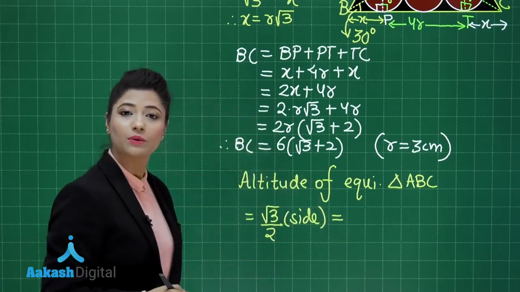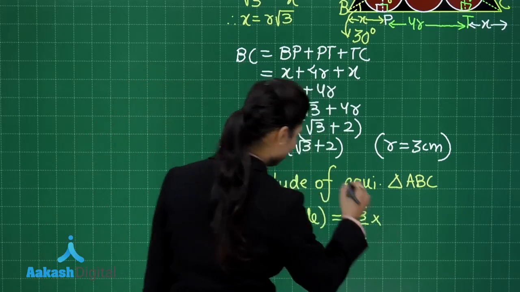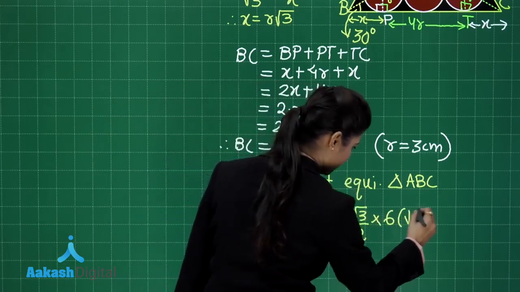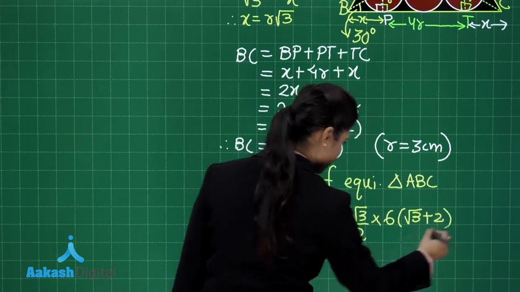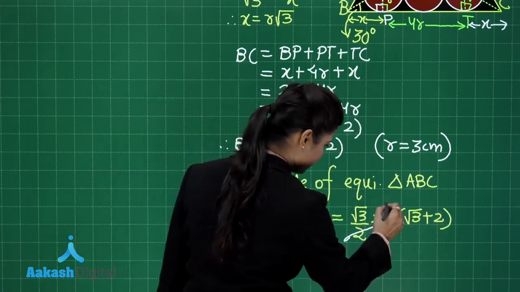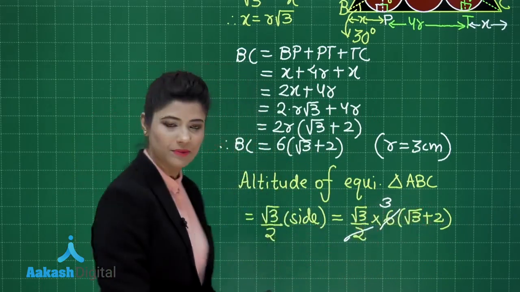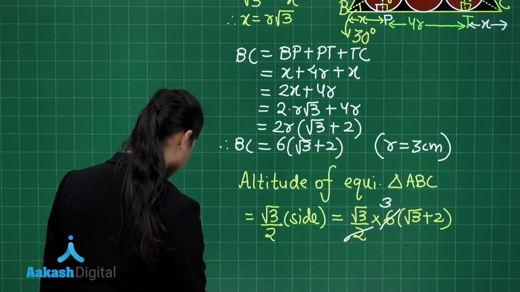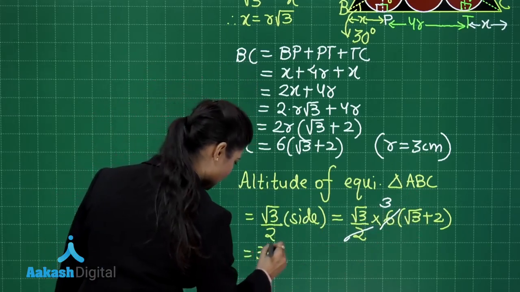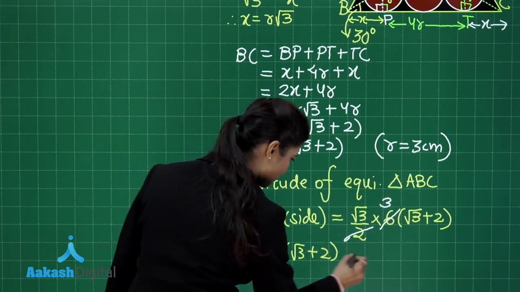And here we already know the length of the side. Here this is root 3 upon 2. Length of the side is 6 into root 3 plus 2. So let's quickly simplify this one. Here you see that 2 reduces 6 3 times. So I have 3 root 3 into root 3 plus 2. So when you take the product here, you obtain 3 root 3 into root 3 plus 2, or what else you can do?